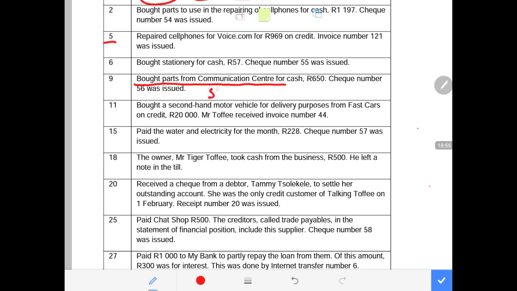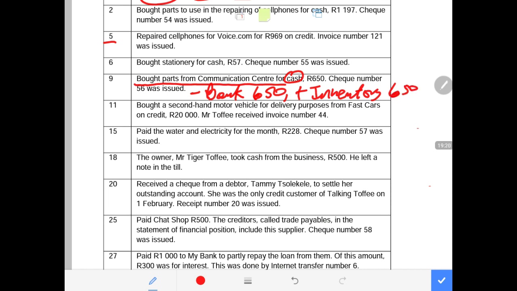So this becomes stock or inventory, so it will affect our inventory. And it was bought for cash, therefore minus to our bank account. Therefore our bank will decrease by 650. Then at the same time, we have to increase our inventory or our stock.